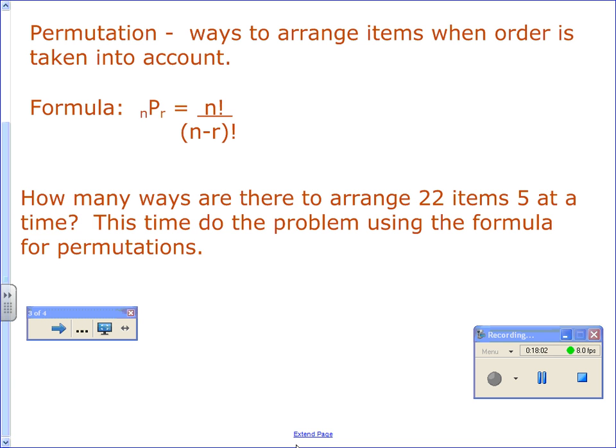N is the total number of items they give you, and r is the ones that you are using, because you're not using all 22 of them. Sometimes you could, but you're not going to. They're using how many at a time? 5 at a time.